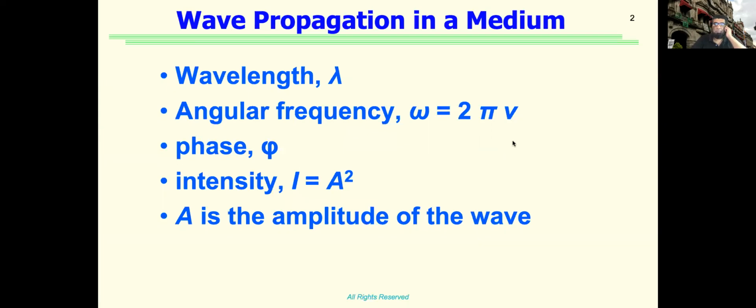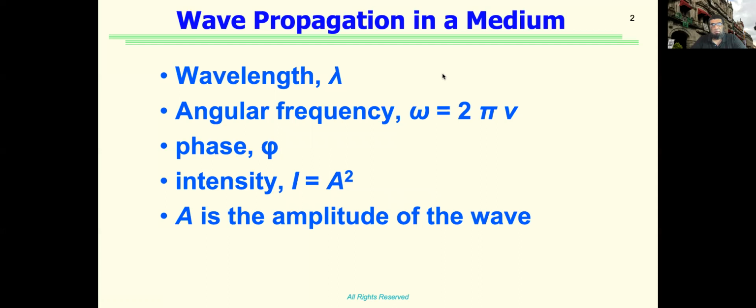So angular frequency in terms of frequency is 2 pi v, which we are using for frequency here. Another important property is called phase and intensity. Intensity is the square of the amplitude of the wave. These are basic properties of any wave.